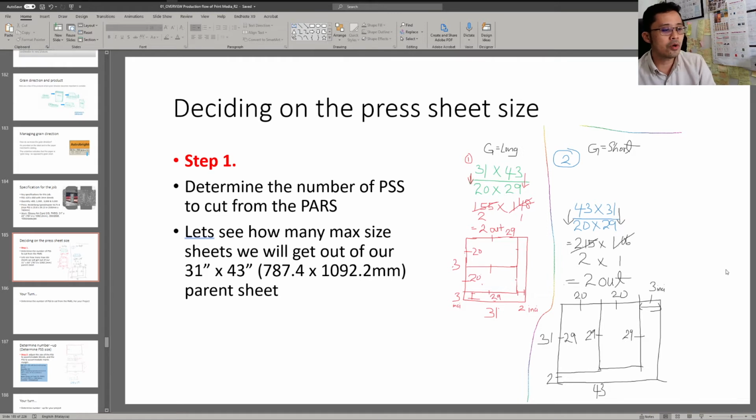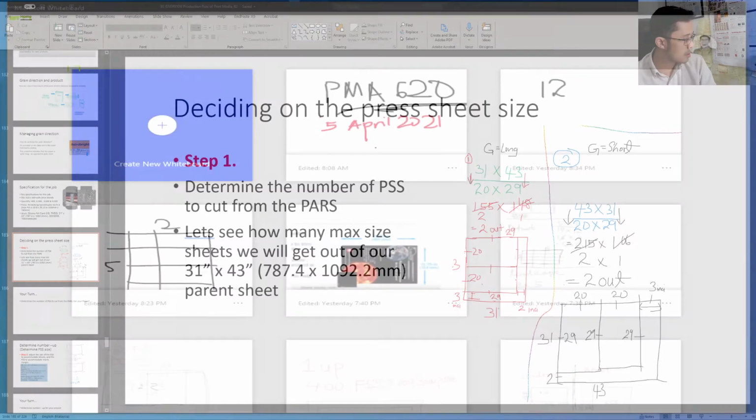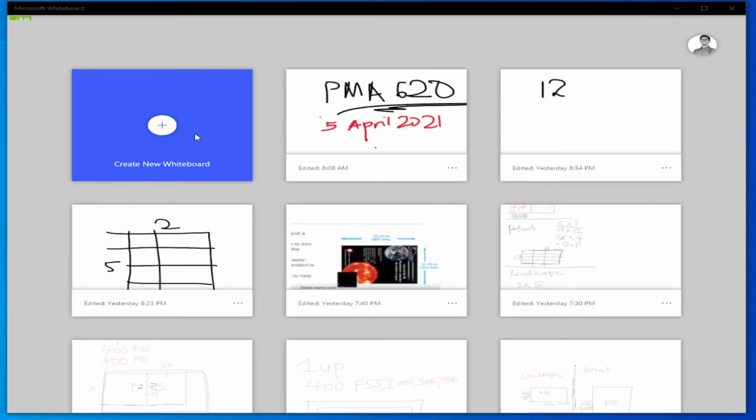Okay, so how to do this? Macam mana nak buat? Okay, let me share the right screen.